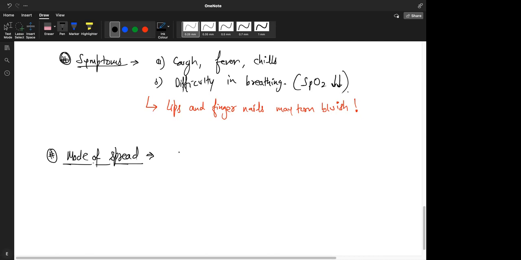What particles enter? Like when you sneeze, there are some water droplets. Water droplets do not cause pneumonia, no? But they can contain the infected particles, the pathogens. What are the pathogens?